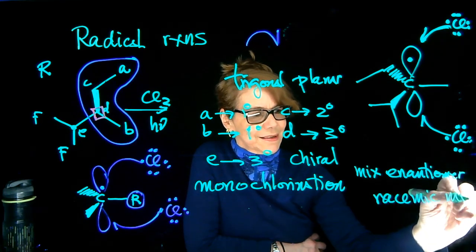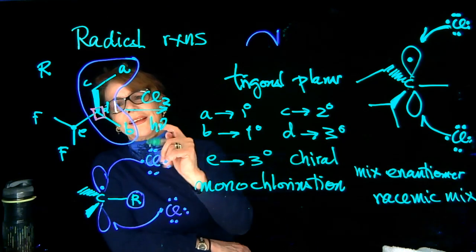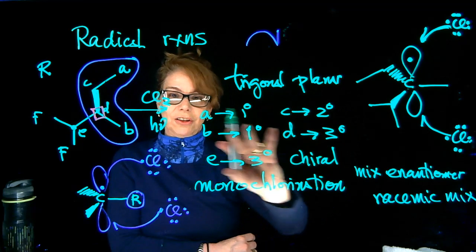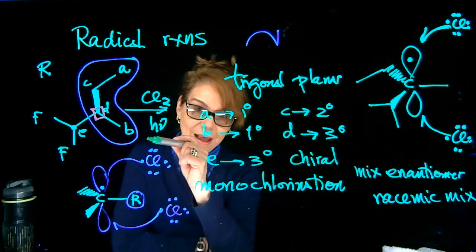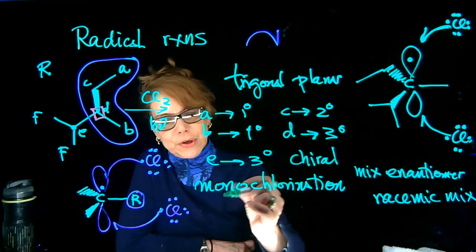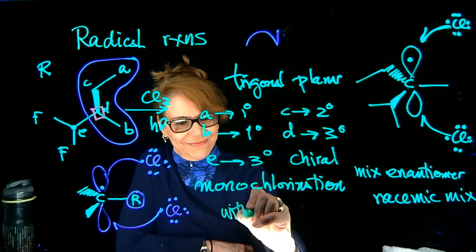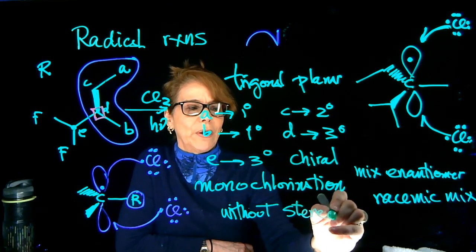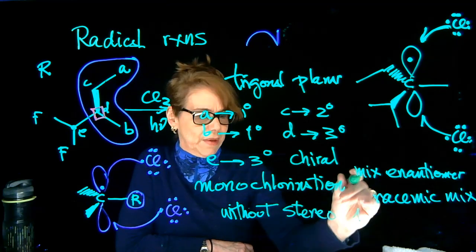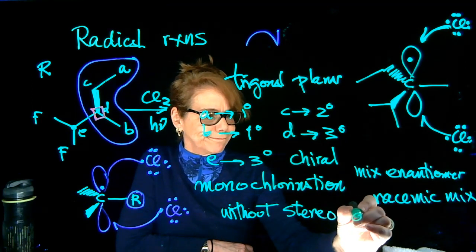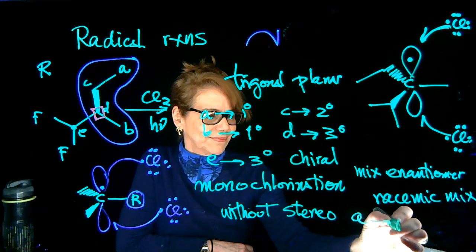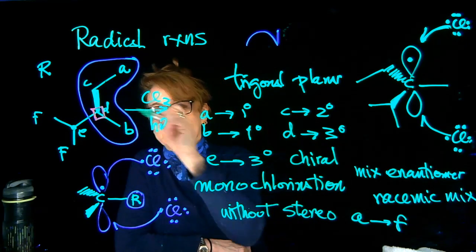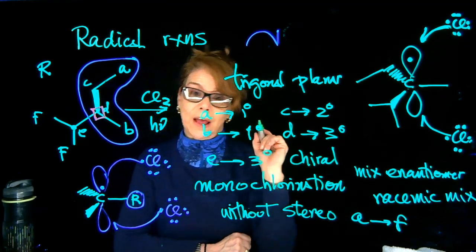So overall, we said that we have 6 products, counting all of those different positions, but the attack without the stereochemistry, we have products A through F. That's 6 products, but taking into account that at this position you're creating a chiral center, then it's one more product.